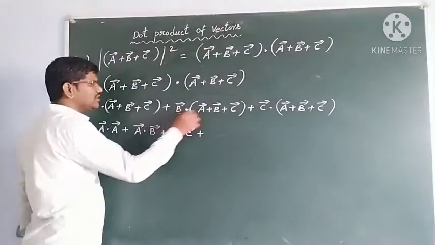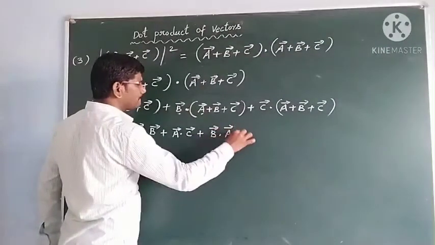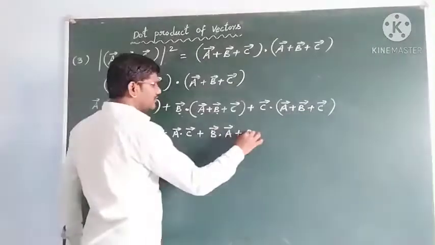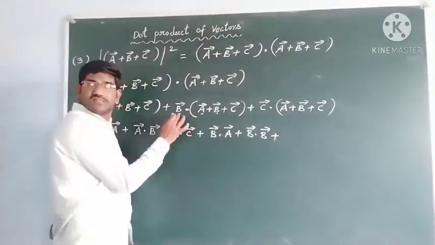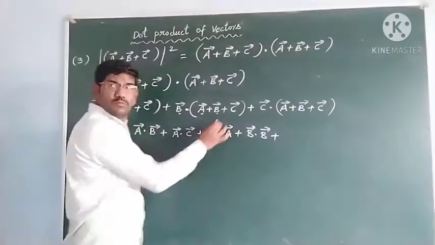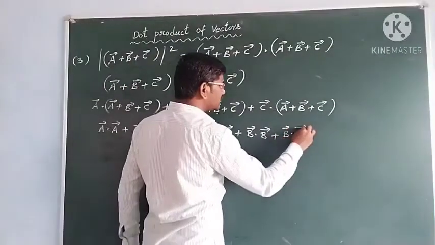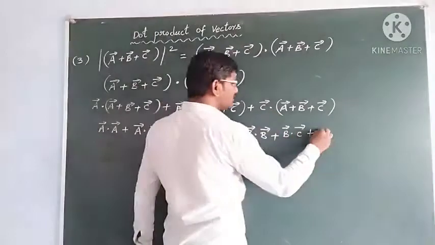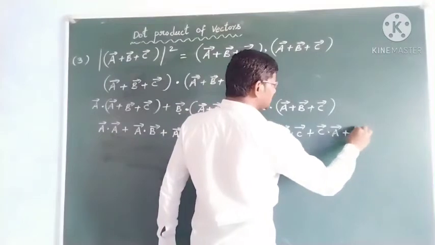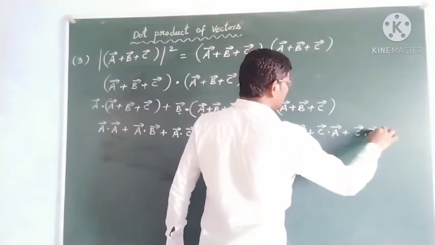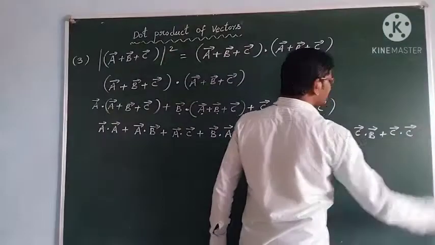Next, b bar dot a bar and b bar dot b bar plus b bar dot c bar. Then c bar dot a bar plus c bar dot b bar plus c bar dot c bar.